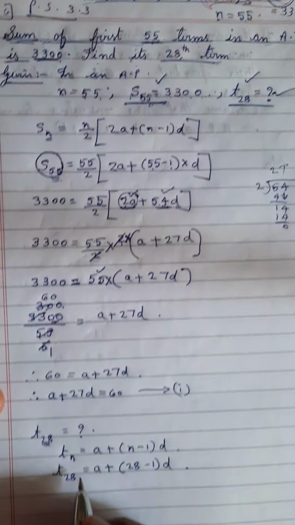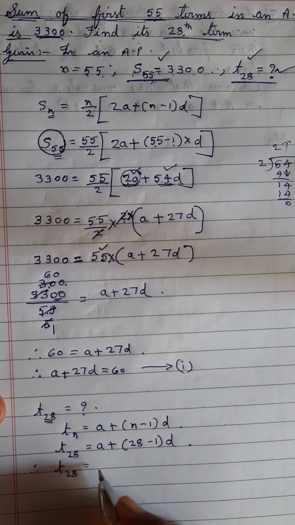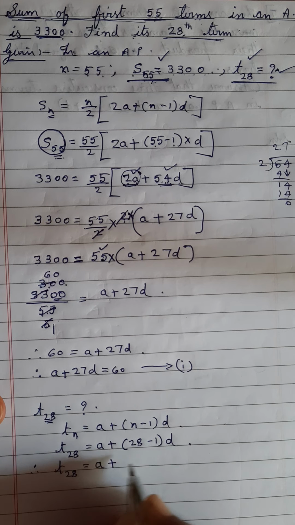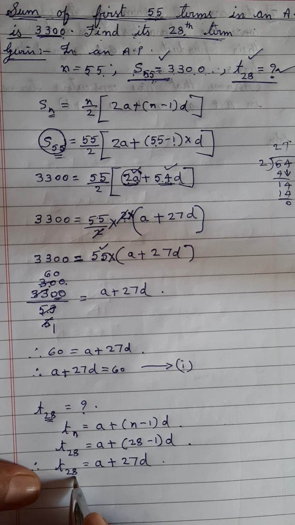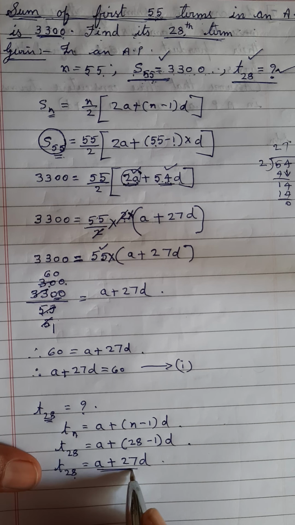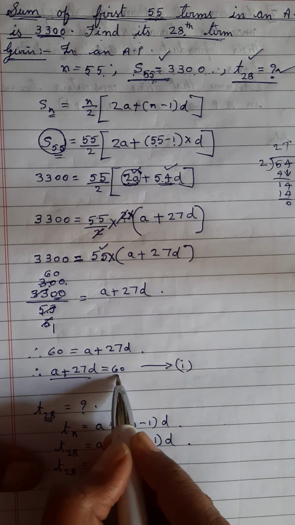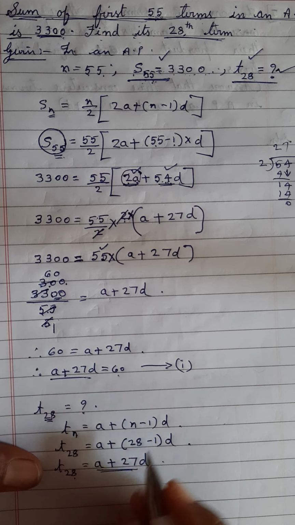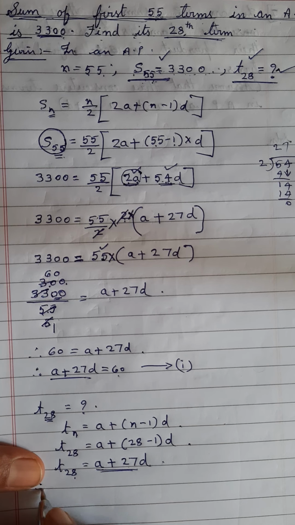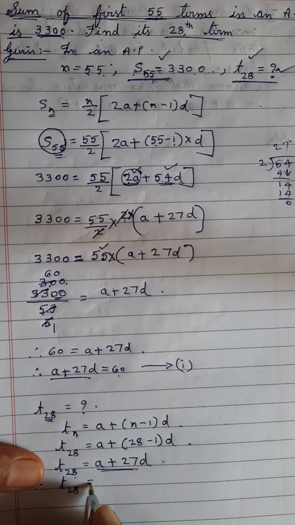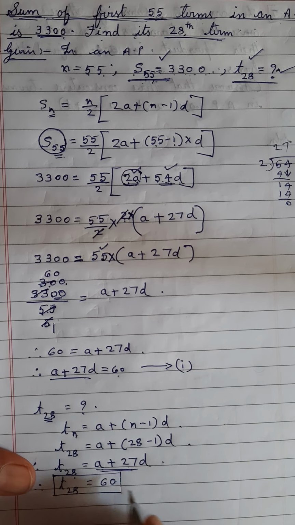A and d are not given. 28 minus 1 is 27, so T28 is equal to a plus 27d. We know the value of a plus 27d, that is 60. So in the place of a plus 27d, we can substitute 60. Therefore T28 is equal to 60. So the value of the 28th term is 60.